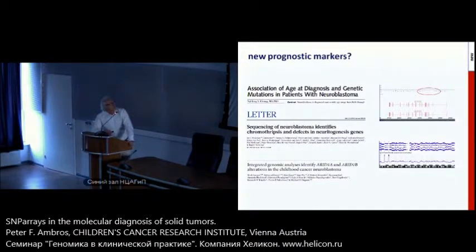They have shown that specifically older patients have this deletion, that they have a very peculiar clinical course. And there's another paper also published last year about chromothripsis in neuroblastoma. I will show you a little bit later about this very peculiar situation.